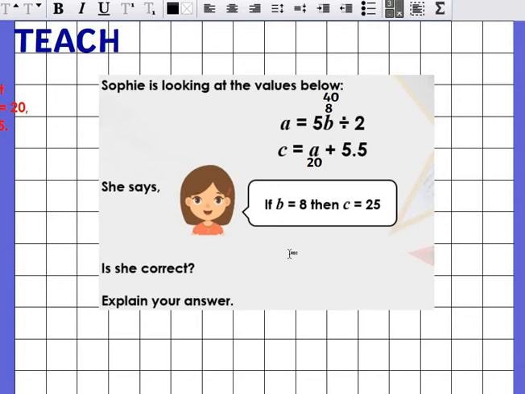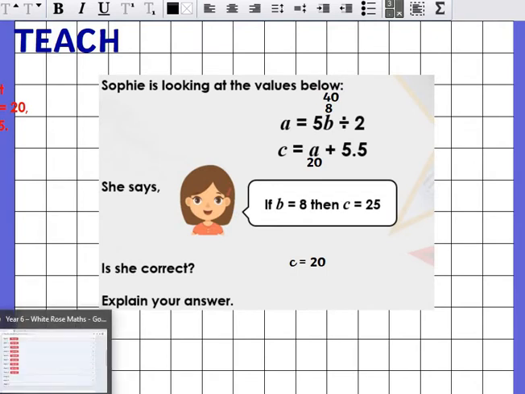So C equals 25.5, not 25. So we substituted the letters for numbers and then we worked out our calculation and then moved it into this formula here to work out C. Okay, have a look at the video today and it'll help you with your learning.